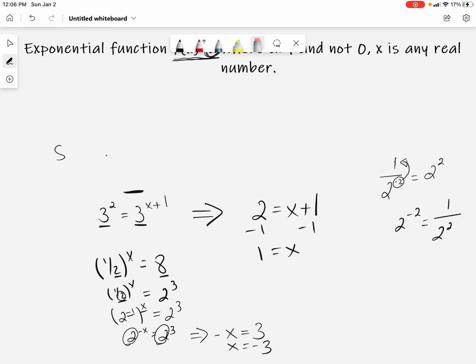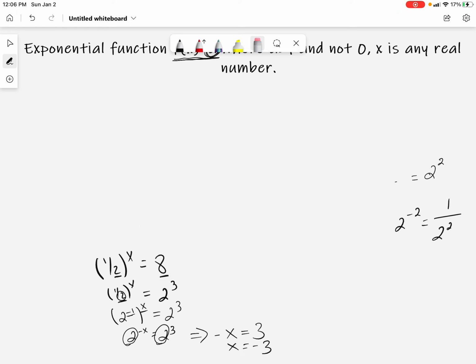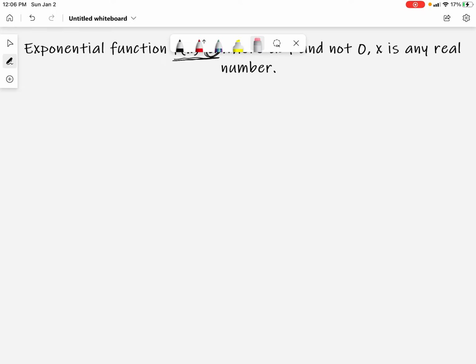Clear some of this off, and then we're going to take a look at a specific exponential function. It's a common exponential function known as the natural exponential. It comes up a lot when you're looking at population growth, when you're looking at interest, and we're going to look specifically at that one.